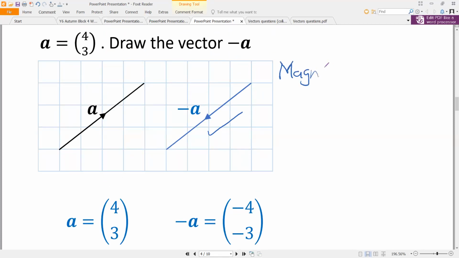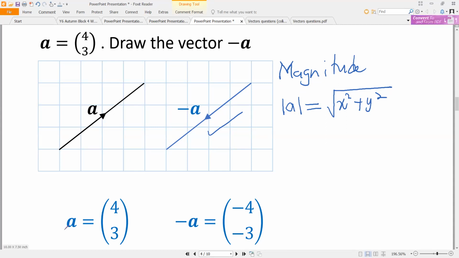When you have a vector, the magnitude of vector A, for instance, will be the square root of x squared plus y squared. So you put your vector as a column vector.